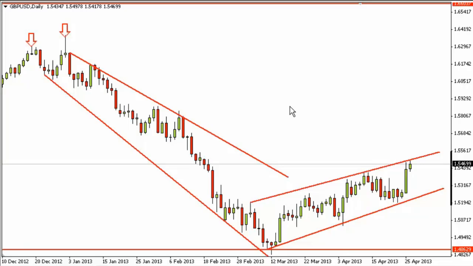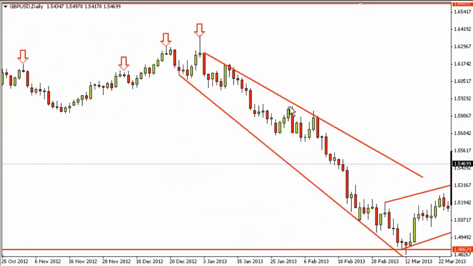Now normally you can't really trade simply off candlesticks, but they have been spookily accurate for the last few months. And each time we've had a major candlestick formation at the top of a move, look how price has reacted and bounced down. Now even here this only looks small, but this was 100 pips worth of movement as well.